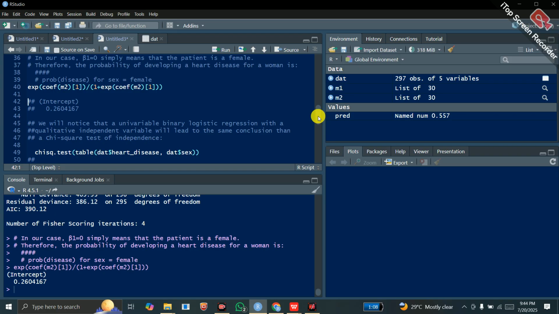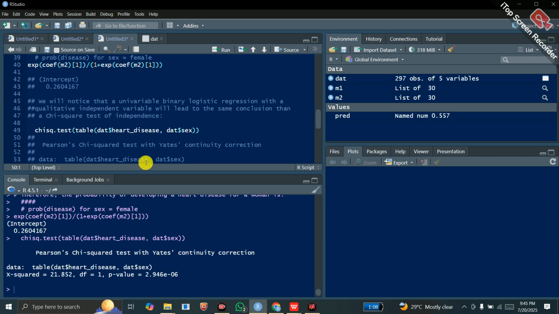We have already discussed chi-square test results in our previous videos, but here is the formula for the contingency table of heart disease and sex, and this is the chi-square test. If I click on this, it will give me the chi-square test result of the contingency table between heart disease and sex.